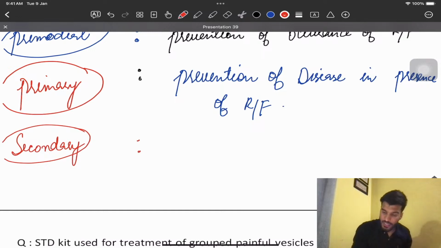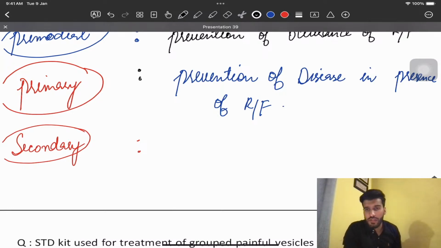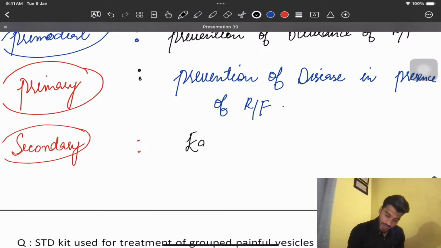What do I mean by secondary prevention, my dear students? By secondary prevention, I mean early detection and treatment. Now the patient is positive, and all the investigations that you do, whether you do CBC, KFT, LFT, any single test that you do will fall under secondary prevention.